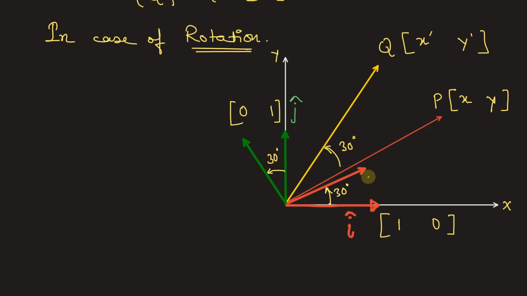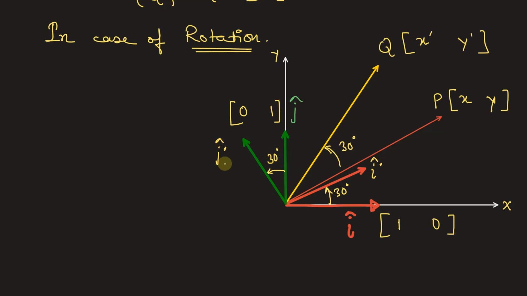Let's call these i dash hat and j dash hat. Now we need to find the vectors i hat dash and j hat dash. If we can do that, we will find the rotational matrix for this transformation, or for this new coordinate system.